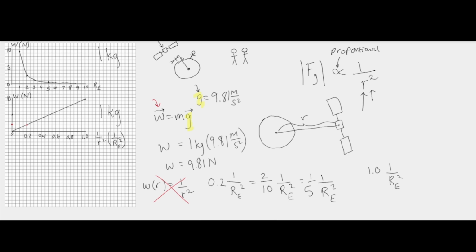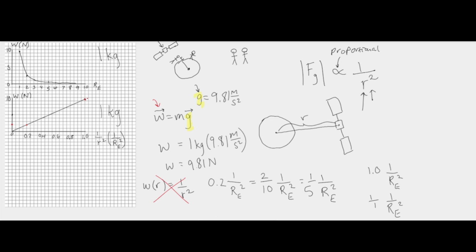Well, this is just the regular case of 1 over 1 times 1 over the radius of the Earth squared. So if we're at 1 over the radius of the Earth squared, then the force that we expect is our regular weight force. And when we're at 1 Earth radius, what's the weight force? Well, it's approximately just shy of 10. So that's where we would expect it to be.